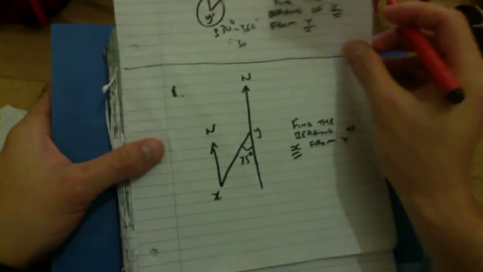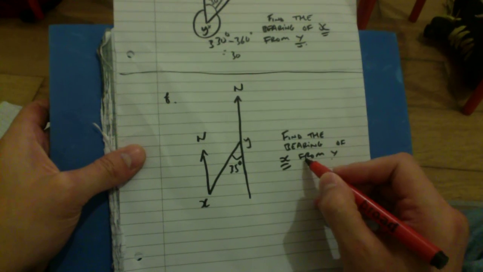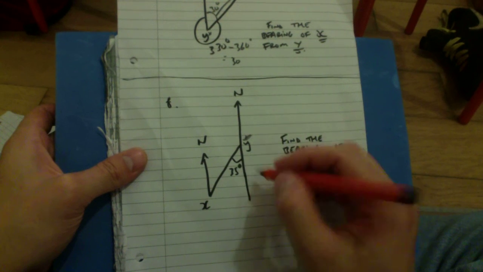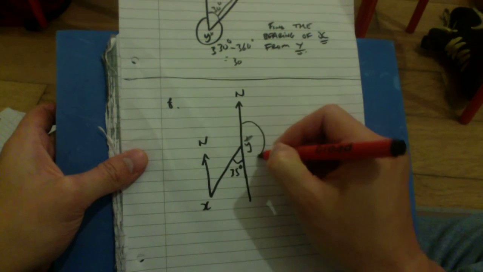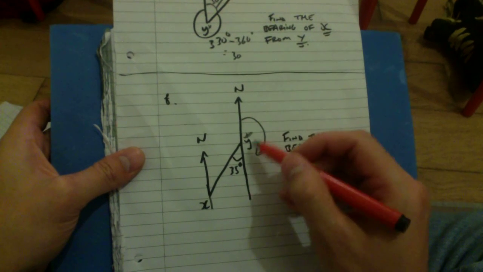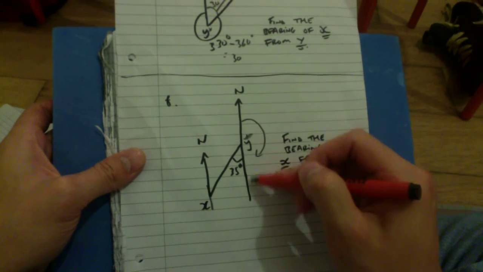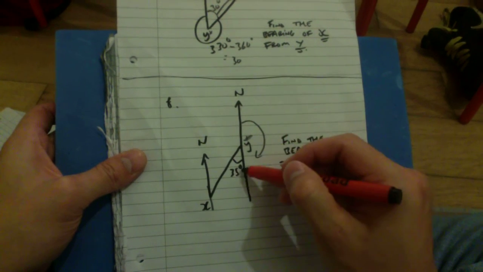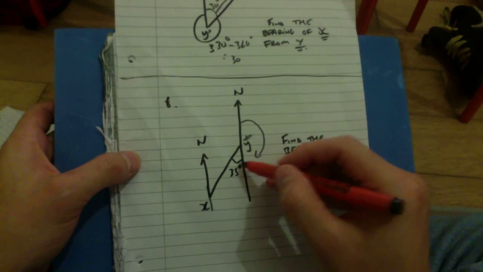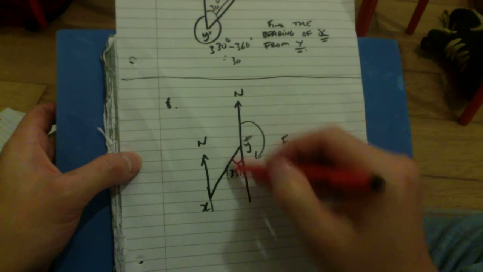Yep. This one as well, so find the bearing of x from y. So look where from is, and look at the letter after from, which is y. So we start from y again. Remember, we have to rotate clockwise. We already have the sum here. Because this is all 180, we're trying to work out this entire thing. We've got this bearing 35 degrees, and we know there's 360 degrees in a full circle.